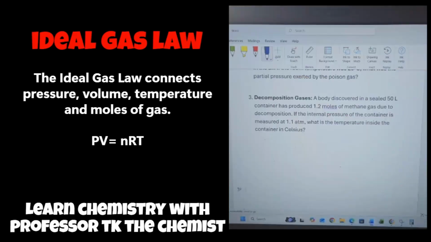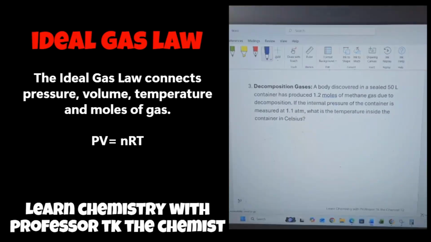Do not. Now, if you look at number 3 right here, okay, it says a body discovered in a sealed 50-liter container has produced 1.2 moles of methane gas due to decomposition. Whew. If the internal pressure of the container is measured at 1.1 atm, what is the temperature inside the container in Celsius?